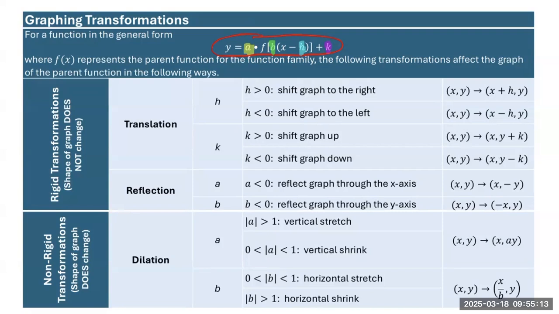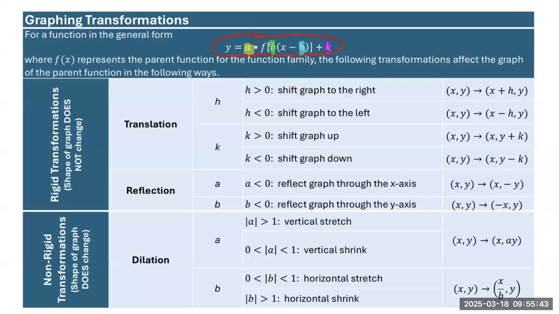A and b have a couple of different roles to them. If a or b is negative, that means we're going to have a reflection that happens through one of the axes. If a or b is something other than 1, then that means we'll have that stretch or shrink happening. And notice with the dilation numbers, we're talking about the absolute value of a or the absolute value of b, because we don't care about what the sign is.